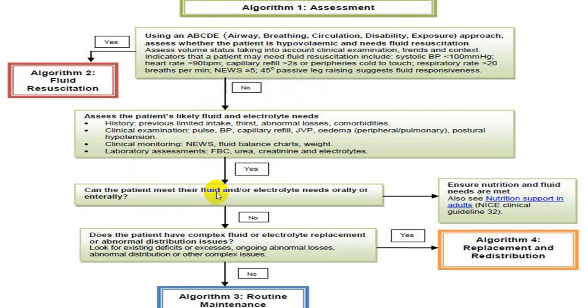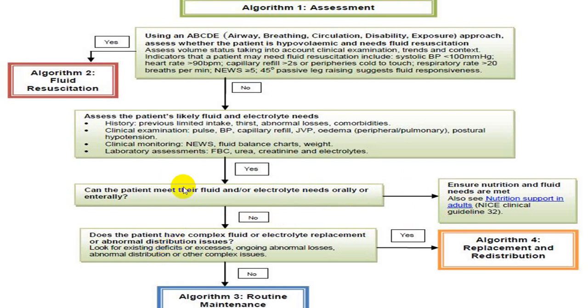You select the fluid. You select any electrolyte that has to be corrected. And if a person can take orally, then you try to correct by oral route. And if he cannot, then you will need to replace the fluid and do reassessment.